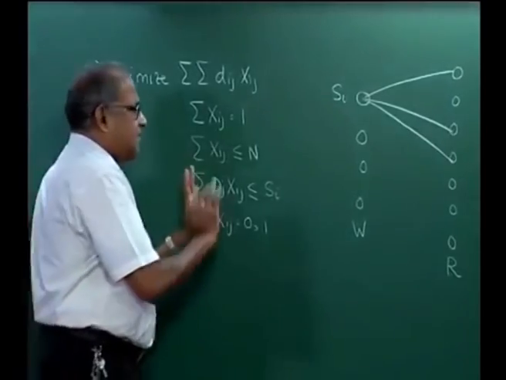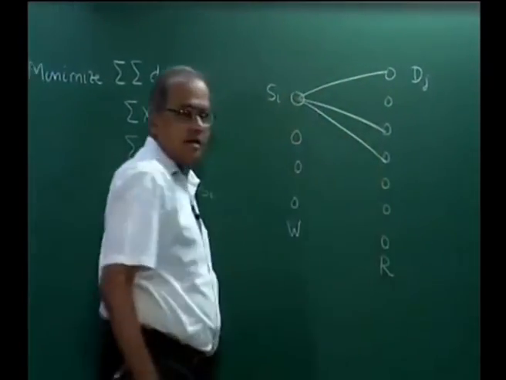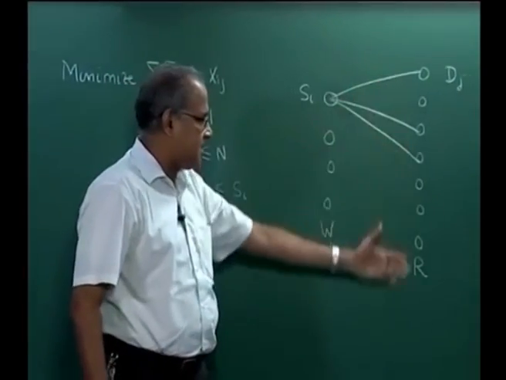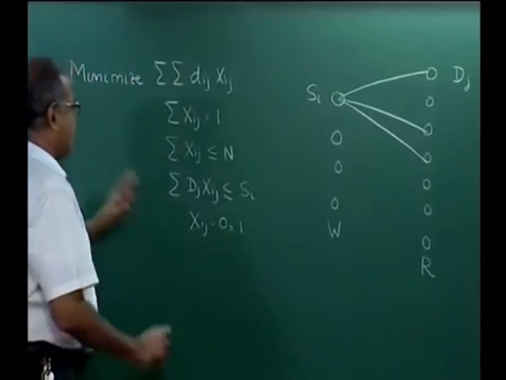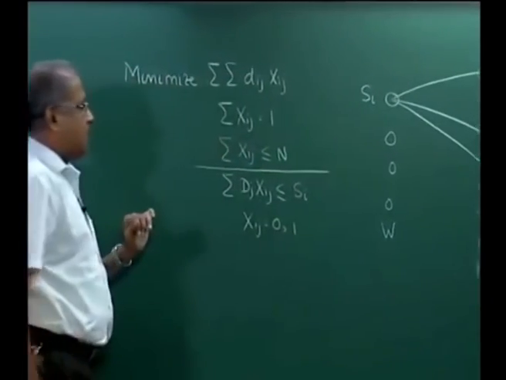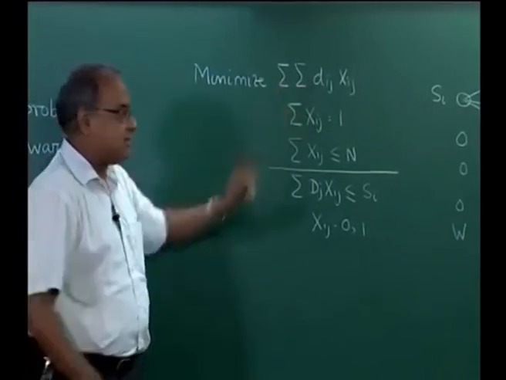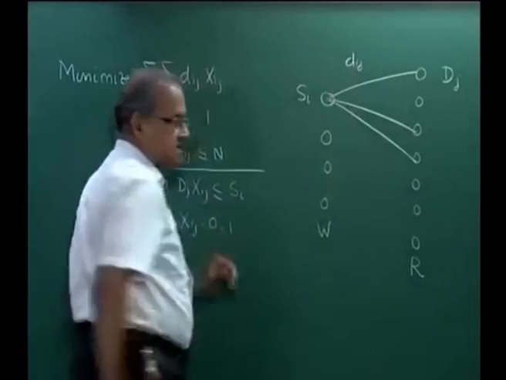At present we need not consider the Dj's and the Si's explicitly. We would simply say that there are a certain number of retailers and a certain number of warehouses, and the problem will be to minimize the distance. So, there is a distance dij that we would like to minimize.